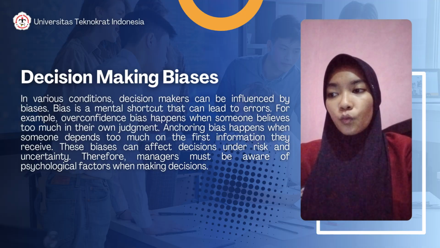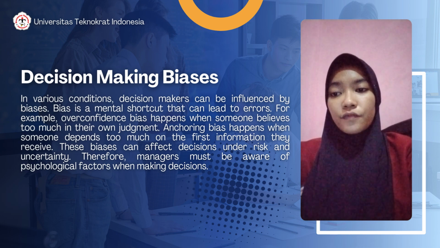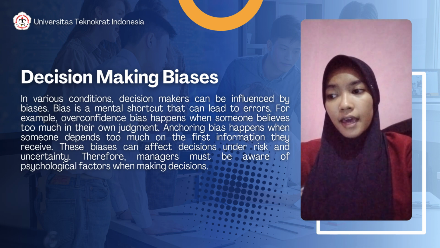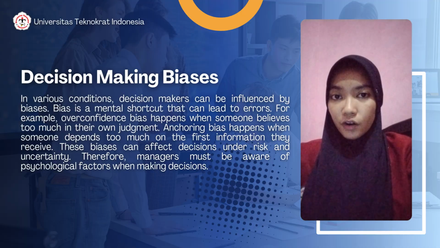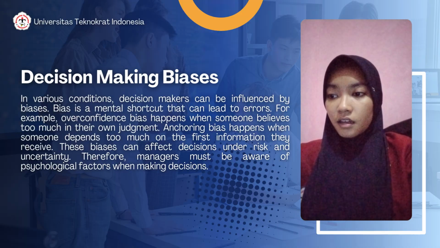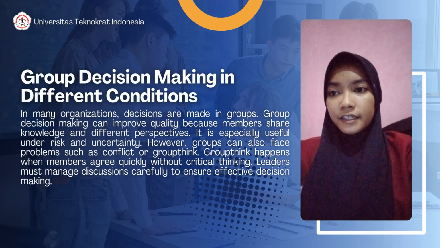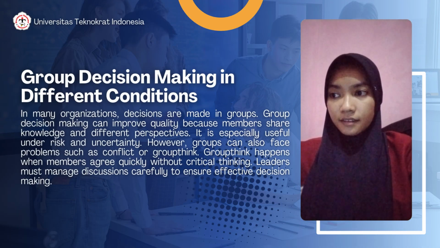Anchoring bias happens when someone depends too much on the first information they receive. This bias can affect decisions under risk and uncertainty. Therefore, managers must be aware of psychological factors when making decisions.